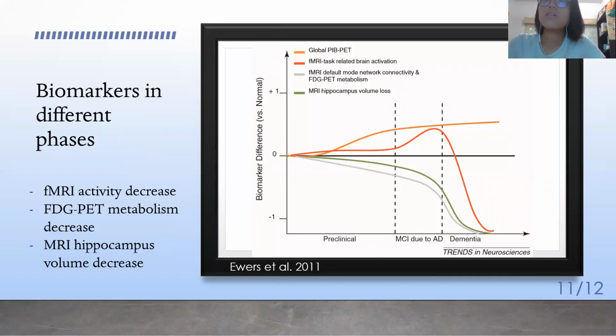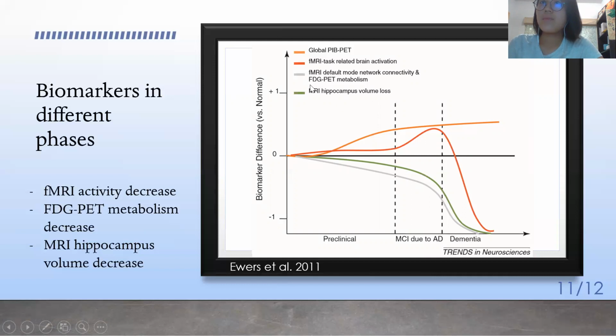Here, we will look at a graph of several different biomarkers in different phases of dementia. We see that the fMRI task-related brain activation would decrease in the last stage of dementia.